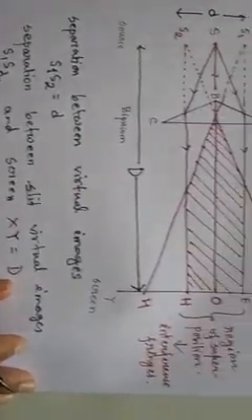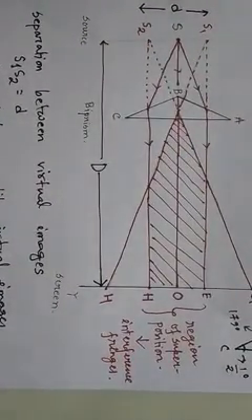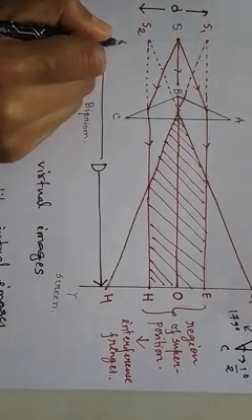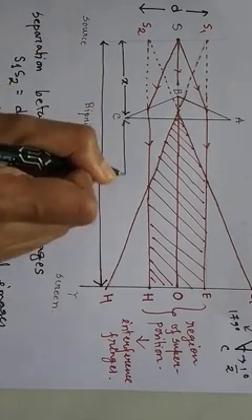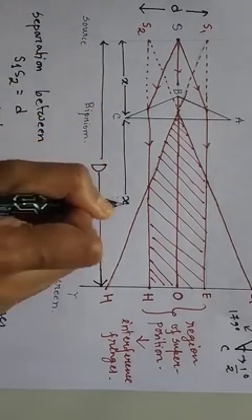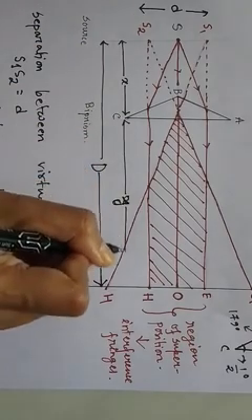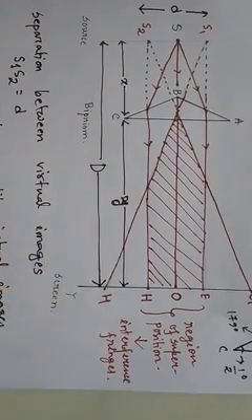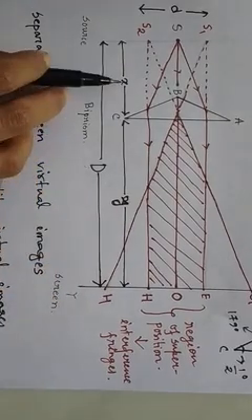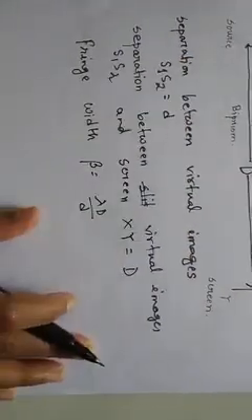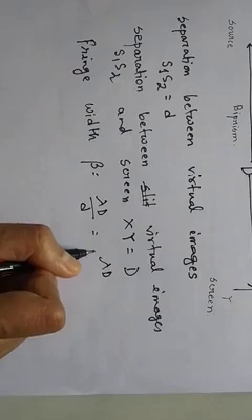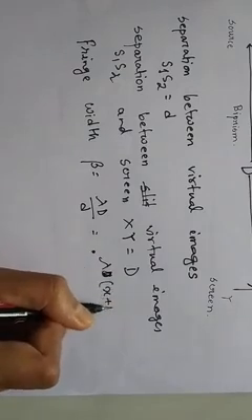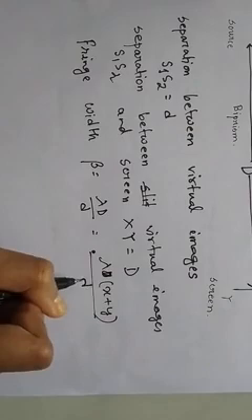Now, if the distance between the source and the biprism is x, and the distance between the biprism and the screen is y, then capital D is x plus y.